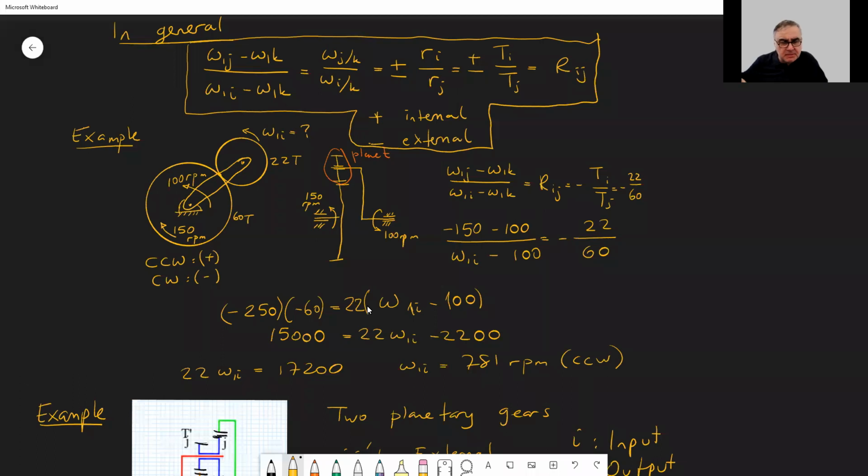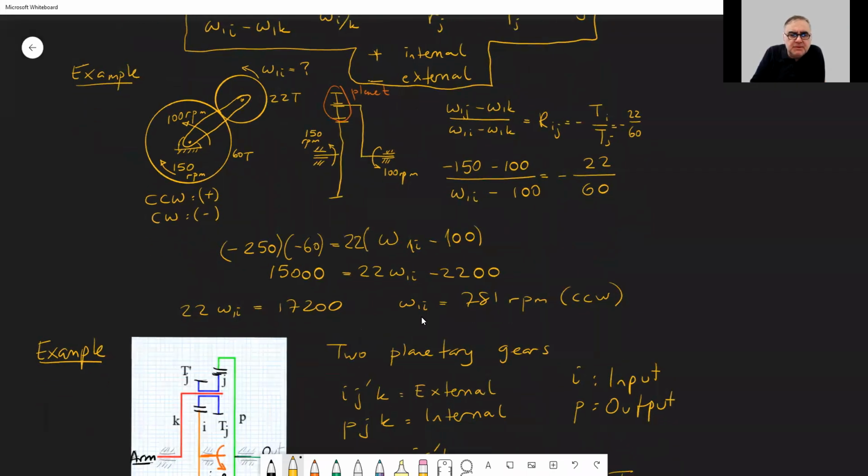A few things got erased, it seems. This is the equation. And from here, we find that, for example, the angular velocity of the planet here is 781 RPM, which is very unexpected. It's a very high number, as you see, as we find here.